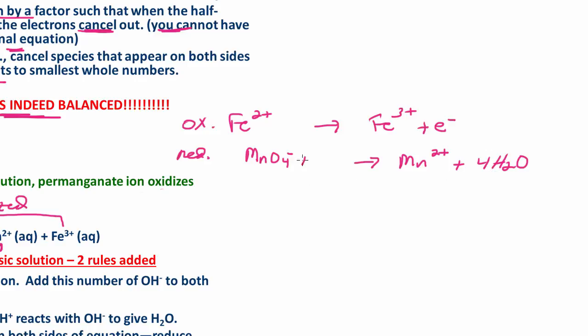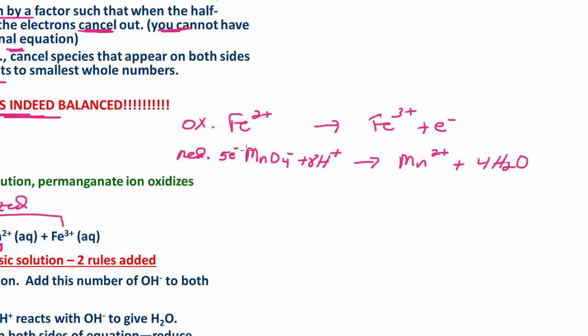So I'm going to put 8 hydrogens here. We put electrons on the left side. Okay. So the manganese has gone from a +7 down to a +2. So that's 5 electrons that have been transferred. So I'm going to add those electrons right here.